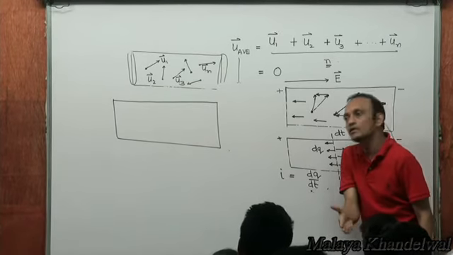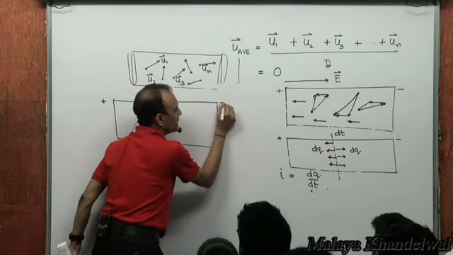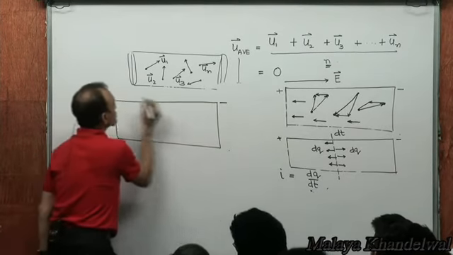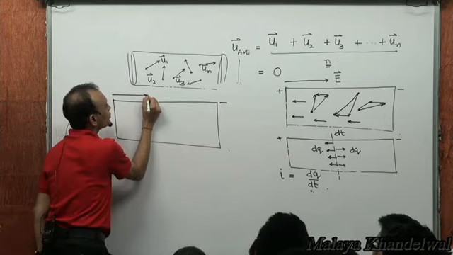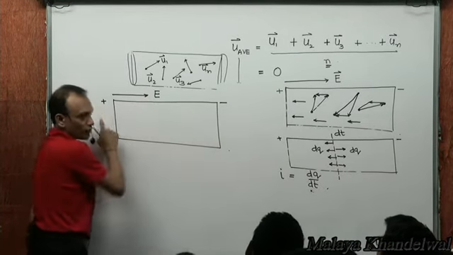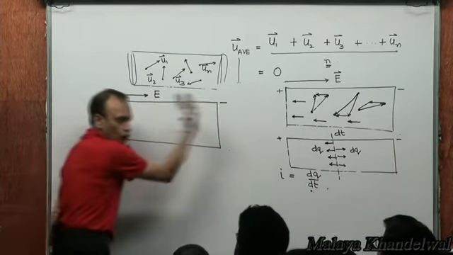Clear? Now, again, this is a conductor, and I maintain the ends of the conductor at constant potentials. I end up creating a uniform electric field E, from left to right, let's say, from higher to lower potential.